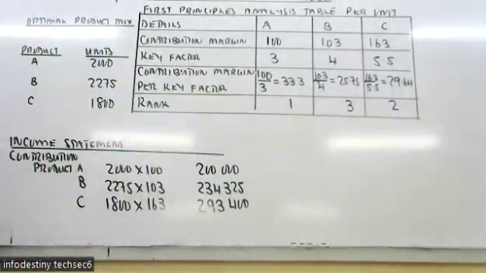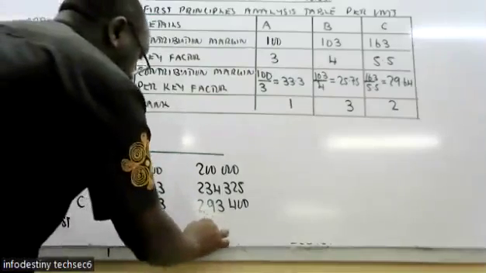Then you say less fixed costs. Fixed costs we were told are 450,000.